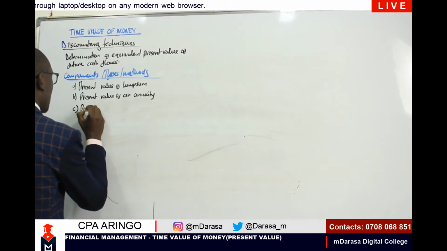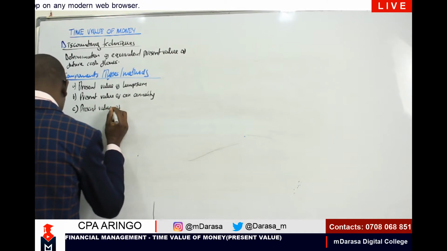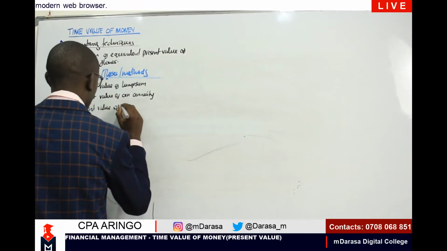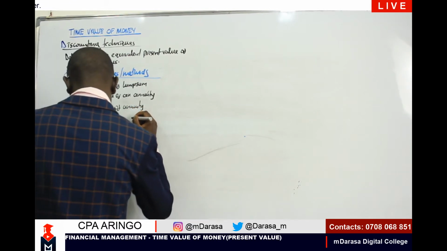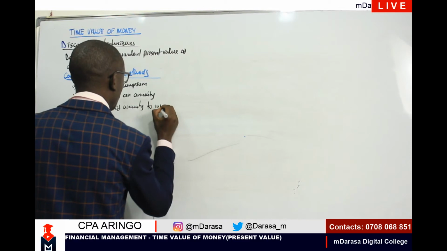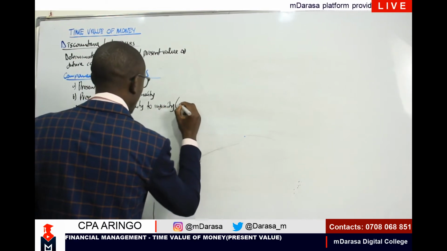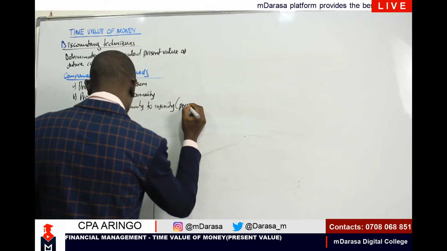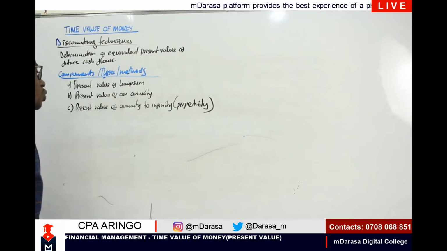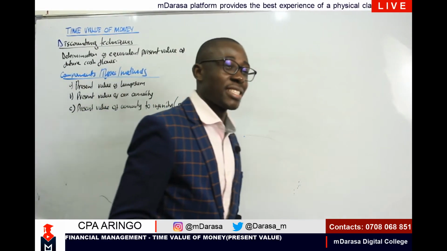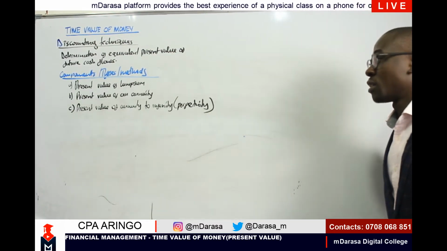This is the present value of an annuity to infinity, commonly known as perpetuity. These terms should not scare us. We're going to understand this concept very well.